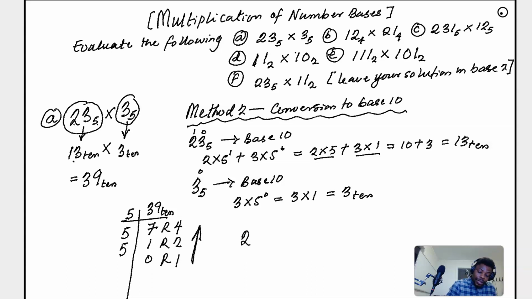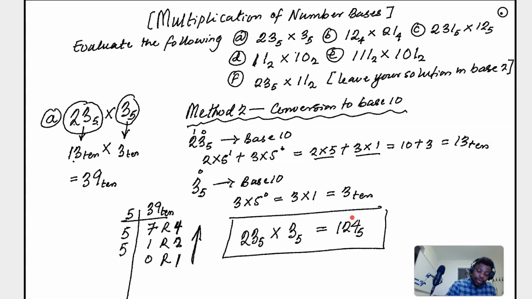So 23 base 5 times 3 base 5 is equal to 124 base 5. This is the same solution we got when we used the first method.